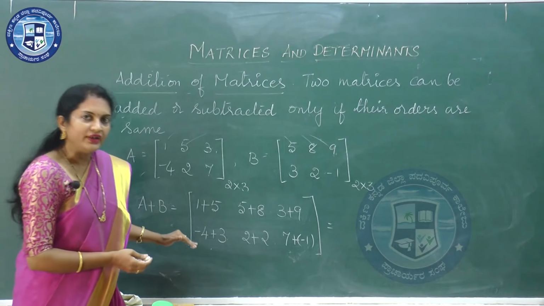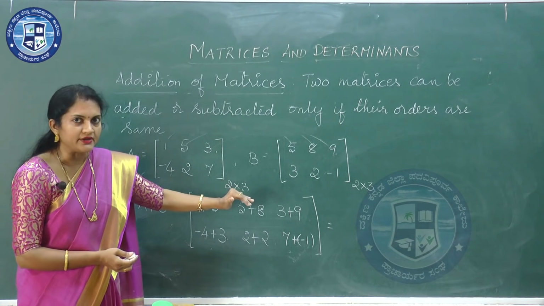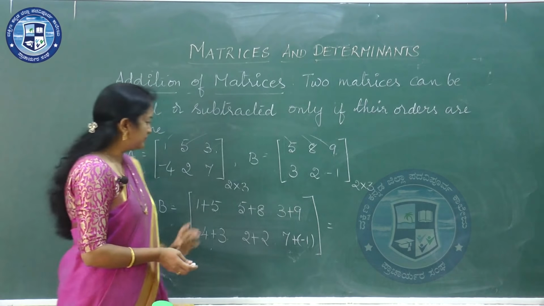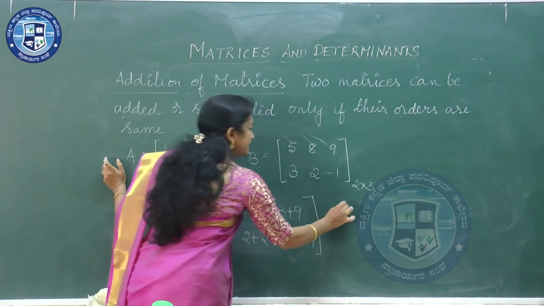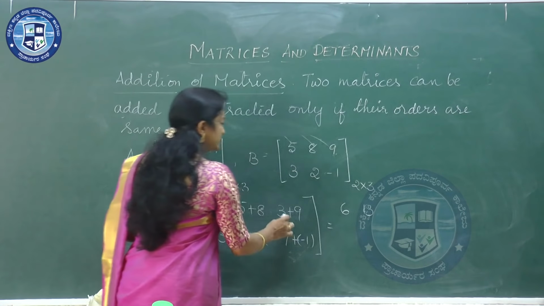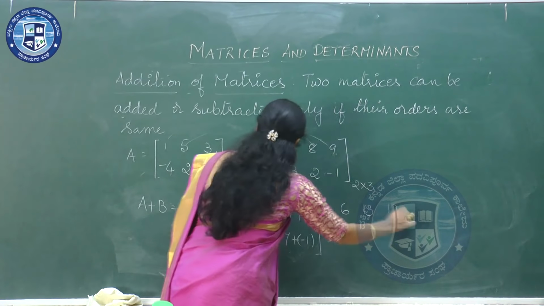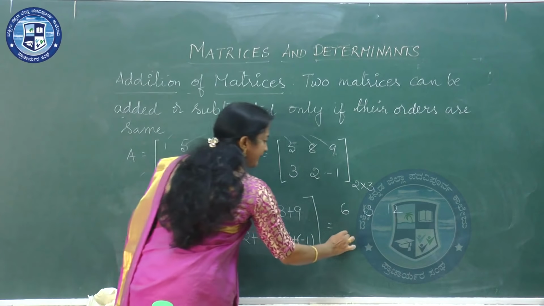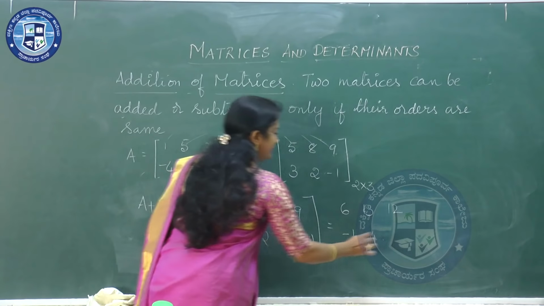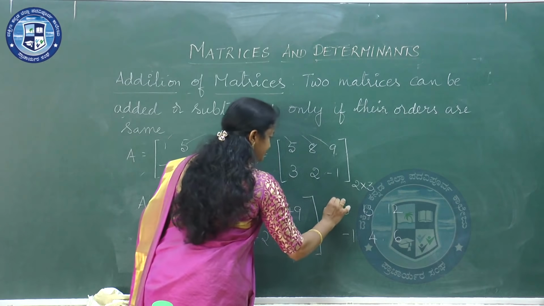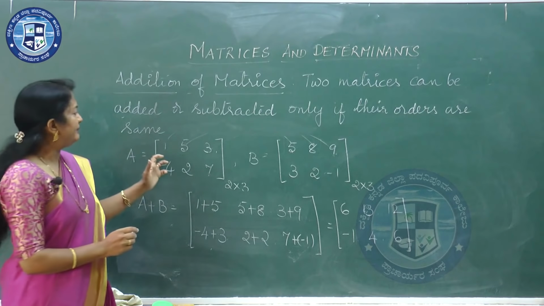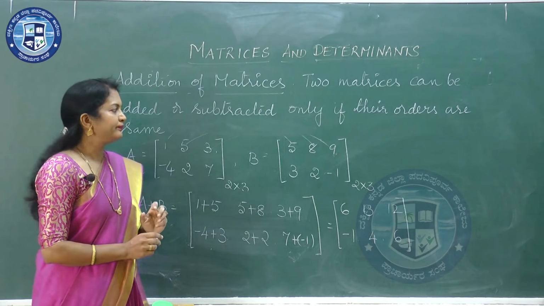So when we find the sum of two matrices, their corresponding elements are added. 1 plus 5 is 6, 5 plus 8 is 13, 3 plus 9 is 12, minus 4 plus 3 is minus 1, 2 plus 2 is 4, 7 minus 1 is 6. This is the sum of the matrices A and B.